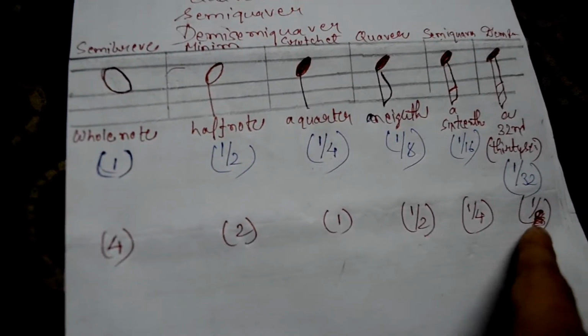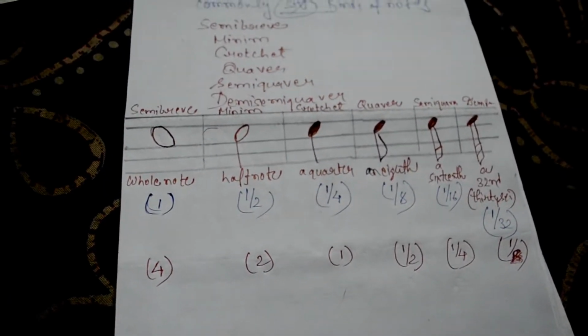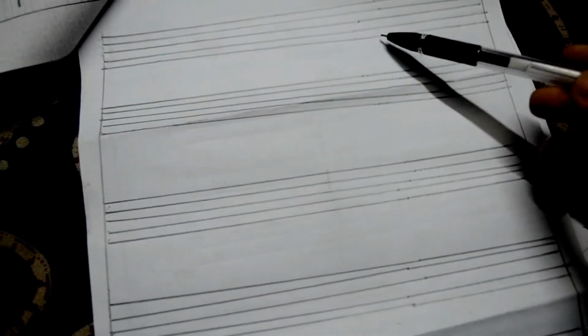Let me show you the tabular representation now. Here you can see staves are drawn. I've already mentioned what staves are: 5 lines and 4 spaces. Let me start drawing.